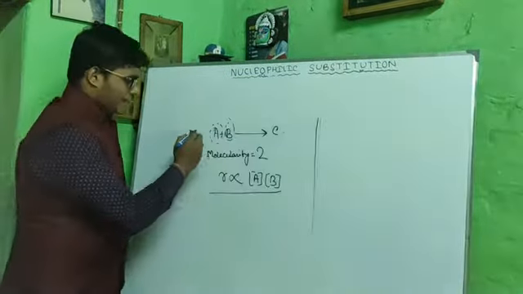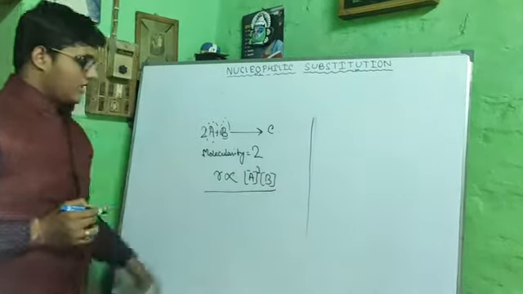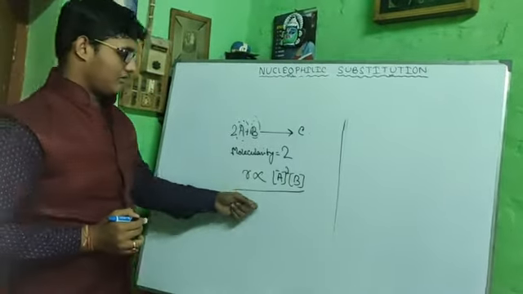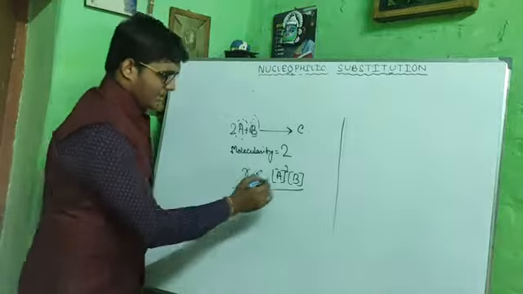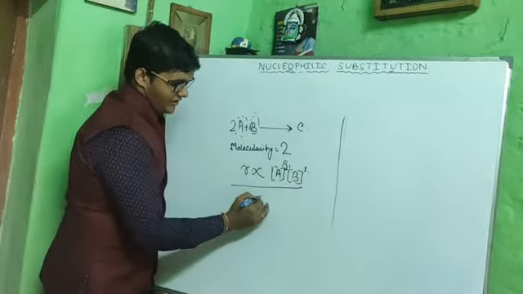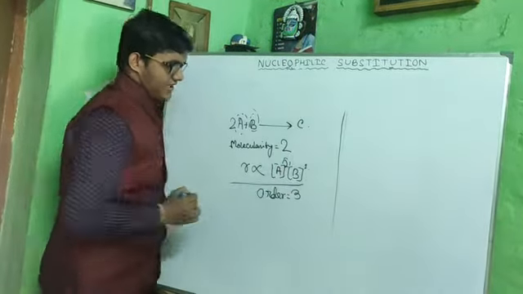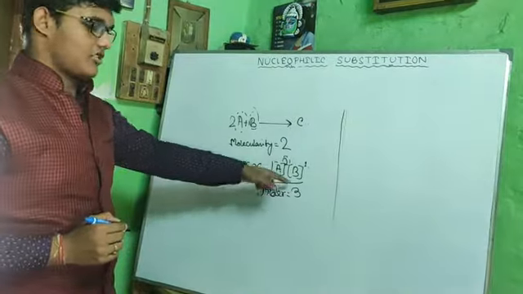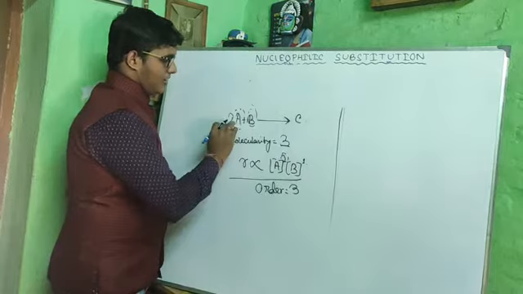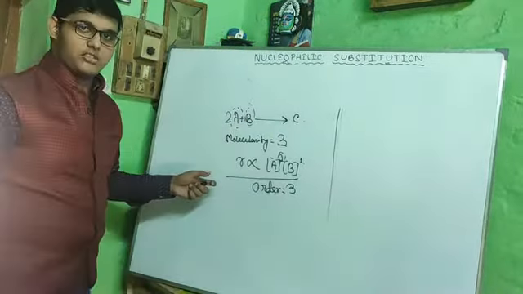If there is 2A, then it will be A to the power 2. This is how the rate law is written. If there is a power of 2 on one and nothing on the other, meaning 1, then the order will be 2 plus 1, 3. That means the order is the summation of the powers of the concentrations of the reactants. In this case the molecularity will also be 2 plus 1, which is 3. So this is about simple reactions.